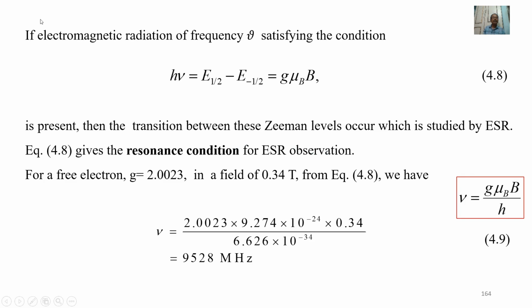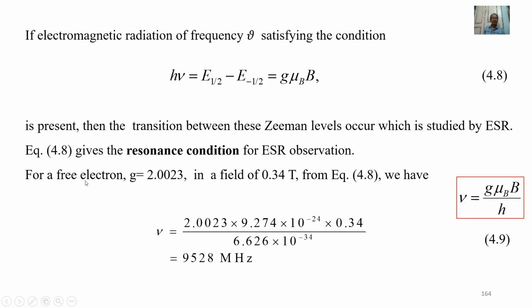If an electromagnetic radiation of frequency nu satisfying the condition h nu equals the energy difference delta E, which is E 1 by 2 minus E minus 1 by 2, equal to g mu B B, is present, then the transition between these energy levels occurs, which is studied by ESR. So equation 4.8 gives the resonance condition for ESR observation.